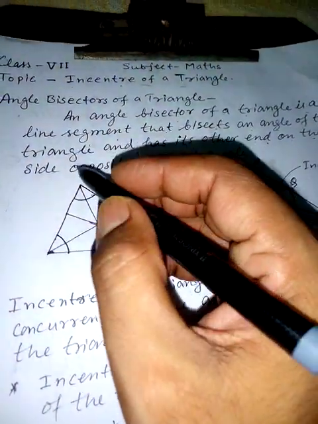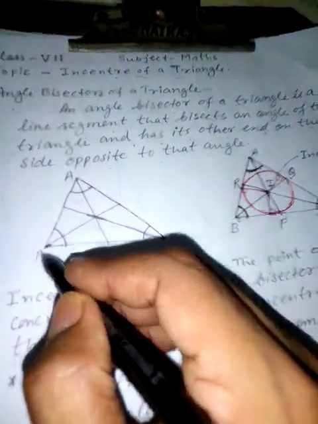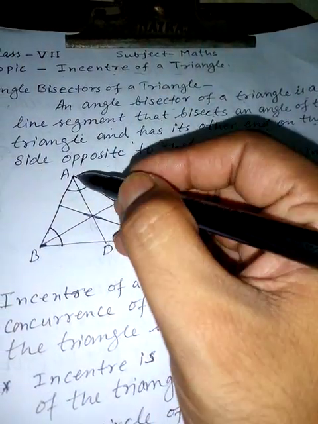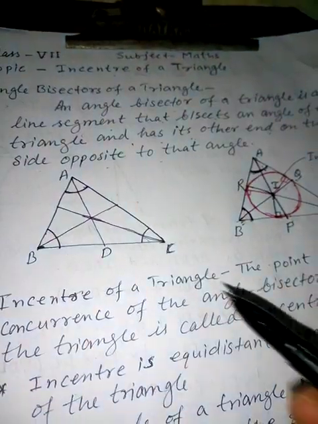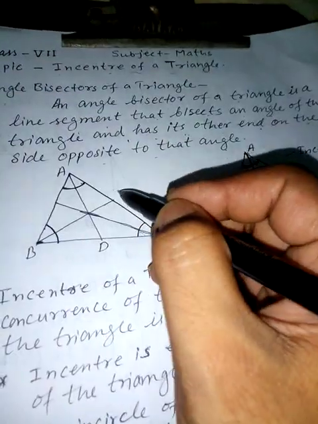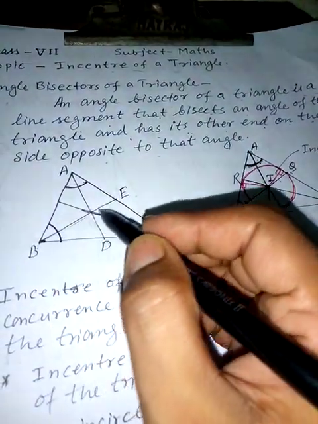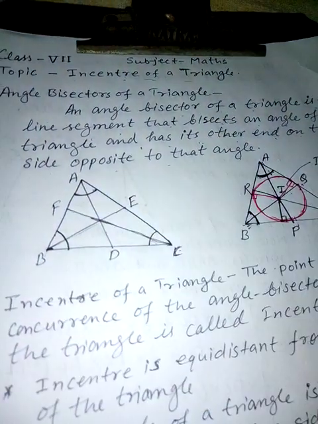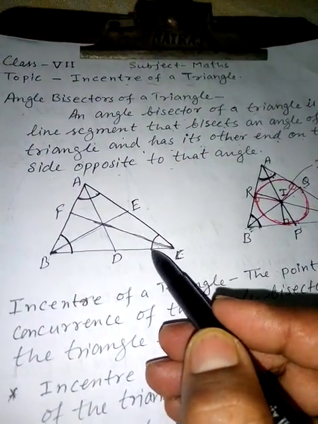Ultimately you can see in this triangle ABC, AD is the bisector of angle A, BE is the bisector of angle B, and CF is the angle bisector of angle C.